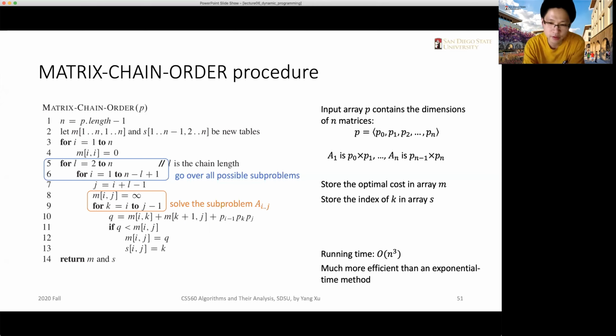It's much more efficient than the brute force way or the pure recursive solutions. So yeah, we'll end here, and this Thursday we'll continue the rest of this matrix chain order procedure, and we'll talk about a top-down method for the matrix chain multiplication problem too.